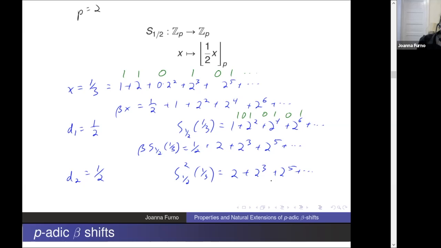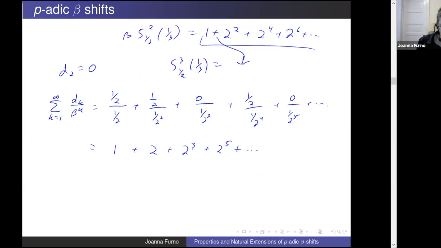And the next iterate would be a 0, 1, 0, 1, 0, 1, and so on. And so we can see what this is doing if we just look at the coordinates: multiplying by 1/2 and taking the integer part is just shifting our coordinates over, which is maybe why it's not super surprising that it was really easy to see we got the same thing back out.